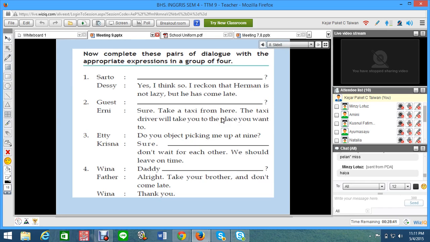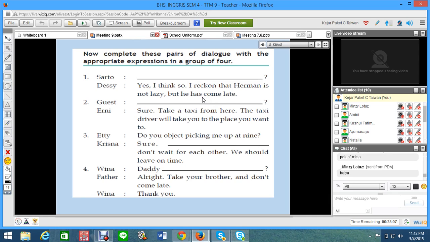Okay, this is an example of a conversation. Just pretend we are working in groups of 4. I want you to divide your 16 into 4. Jadi kalian bagi dalam kelompok masing-masing.